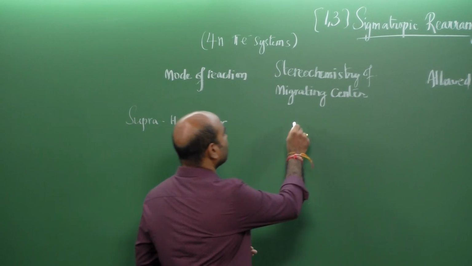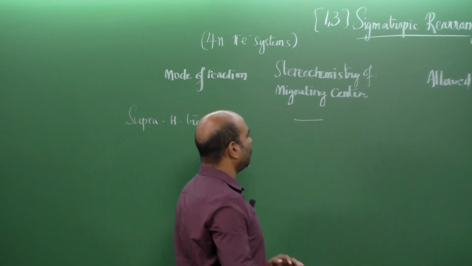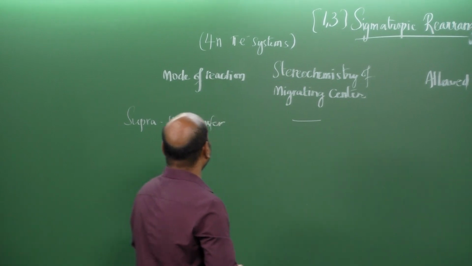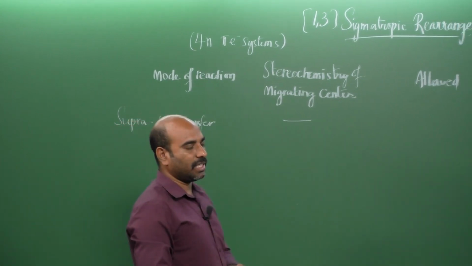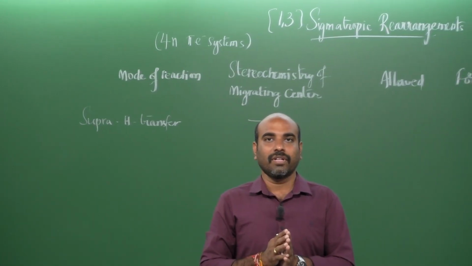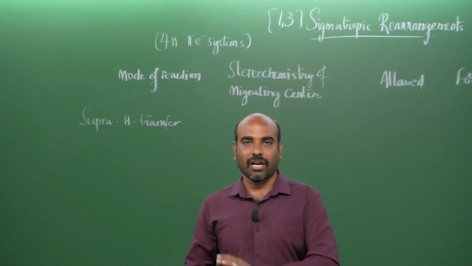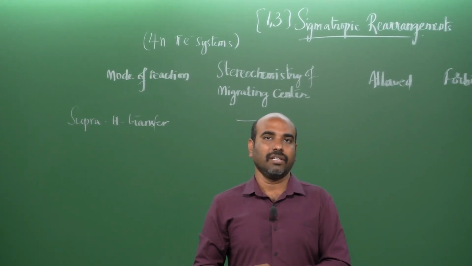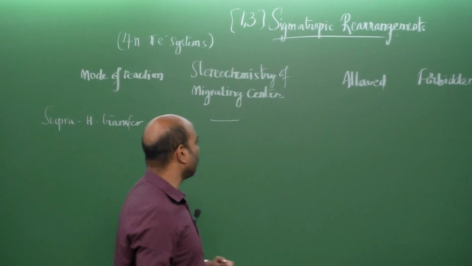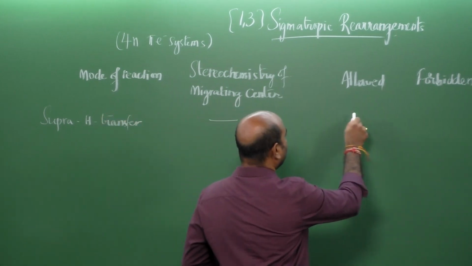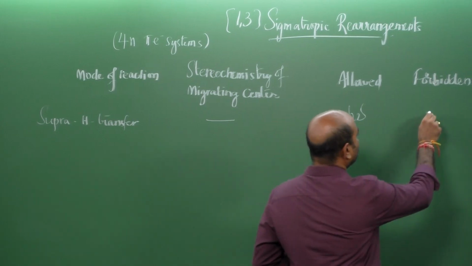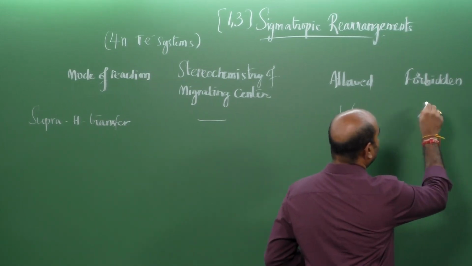So it is not applicable. Under thermal conditions, we have also discussed in the previous class, the hydrogen shift is suprafacially not allowed. It is allowed only under photochemical conditions, whereas symmetrically it is forbidden.